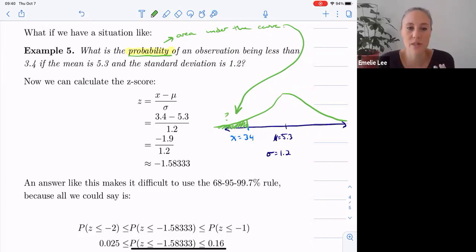So the first thing we can do then, just using the tools that we've developed, is figure out how far 3.4 is from 5.3 with a standard deviation of 1.2.